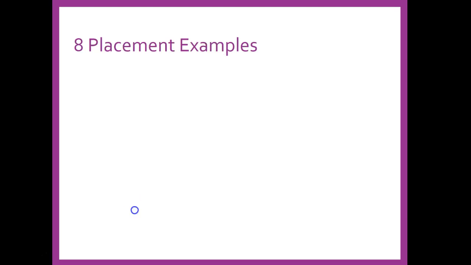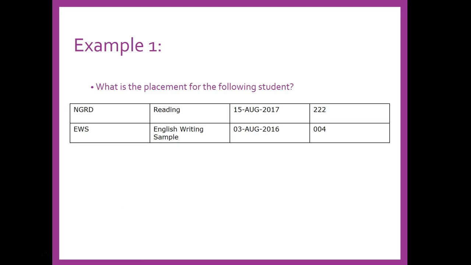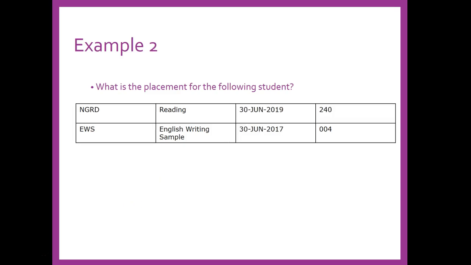So here's some examples. What's the placement for the following student? The Next Generation reading is 222. The writing is 4. So their placement is 002 and 051. Or this one. Their Next Generation reading score is 240. Their writing score is a 4.